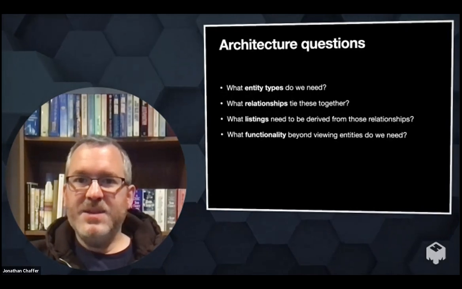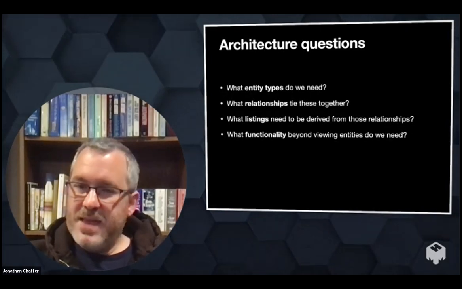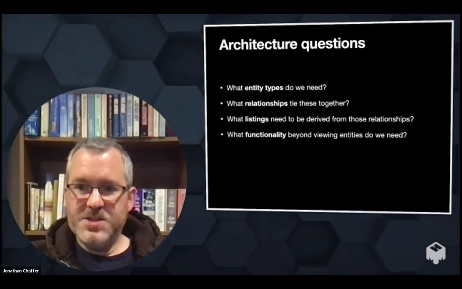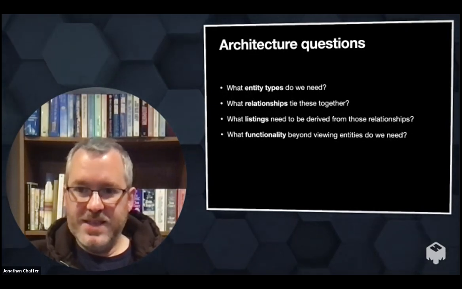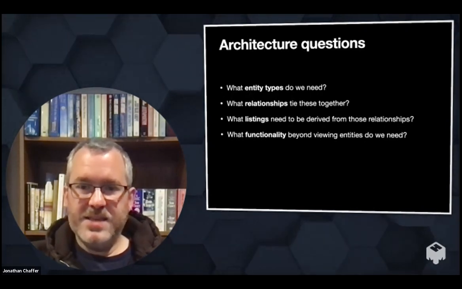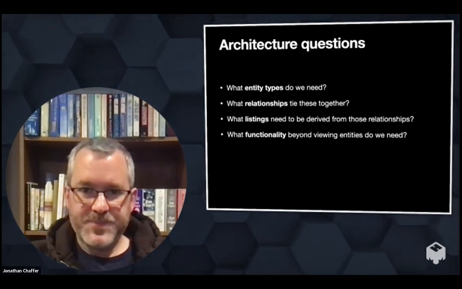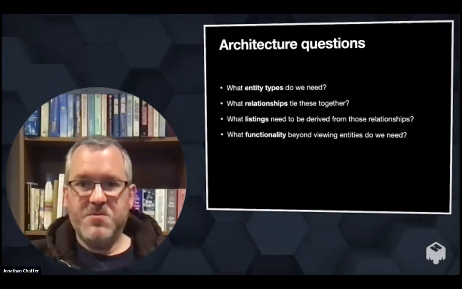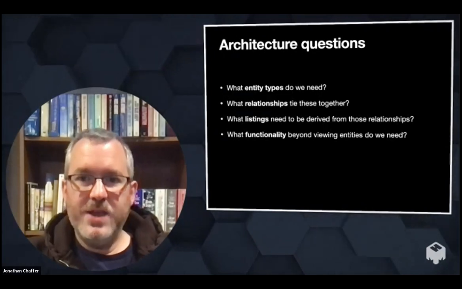What listings need to be derived from those relationships? What makes this CMS more powerful than just making a bunch of web pages is that we want to be able to automate some stuff. So we're going to automate listings of content based on the relationships we define. And then, what functionality beyond just viewing things do we need to have?